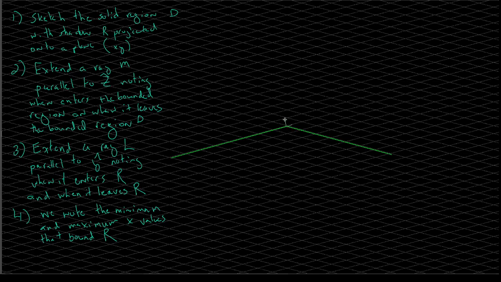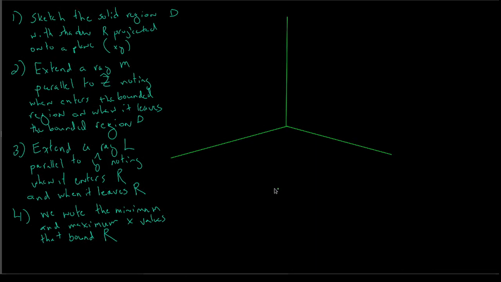And get a Z axis going through. All right. So here's my X axis. Here's my Y axis. Here's my Z axis. And so we're going to have some shape. Some bounded region.